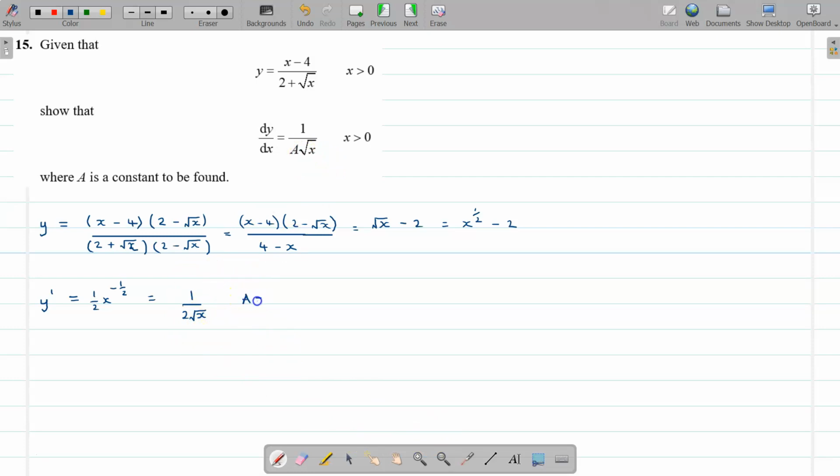Okay, so always look for processing something before you differentiate or integrate it, because you can often save yourself a lot of time. Okay, next question.